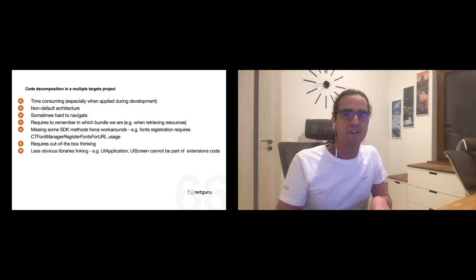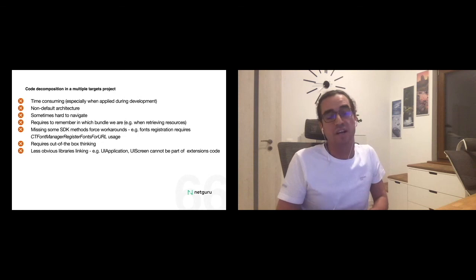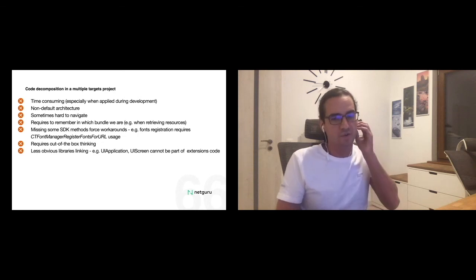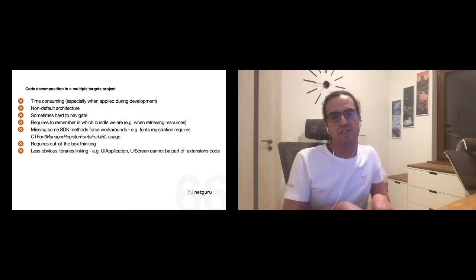And there is also less obvious library linking. For example, you should be aware of placing classes like UIApplication and UIScreen within the framework, because not every extension is allowed to use such classes.